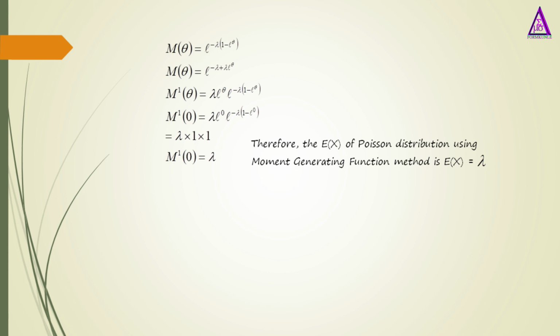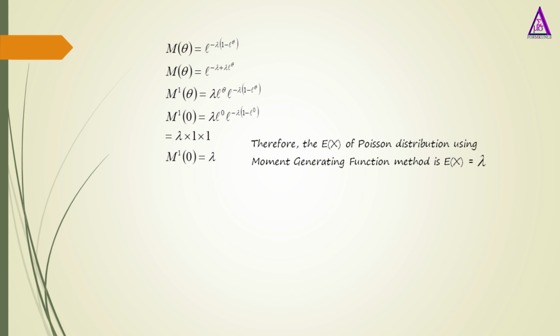So we now equate theta to be 0. That is, when theta equals 0, any place we see theta in equation 3, we represent it with 0. And in equation 4, we have λe^0 e^(−λ(1 − e^0)).